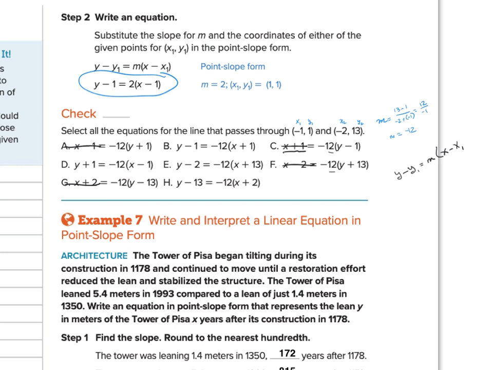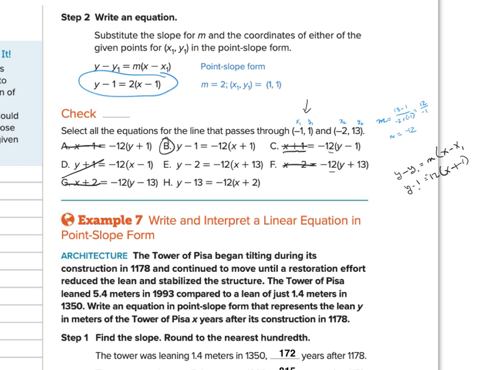And then if I look for my y value, this should be y minus 1, using this point right here, is equal to -12 times x minus a -1, which is going to be a positive. So I have x minus 1. This has x plus 1. That's not possible. Okay, so we are whittling away answers that are not the same.